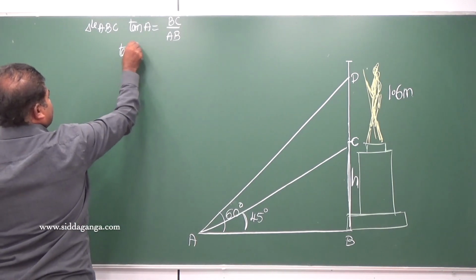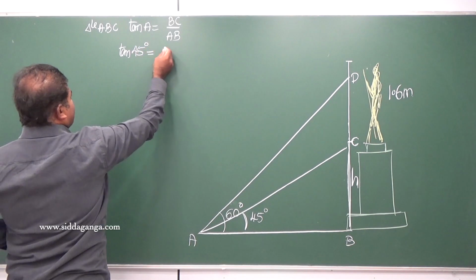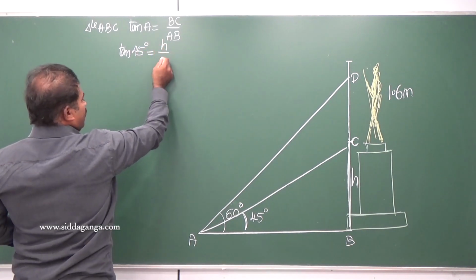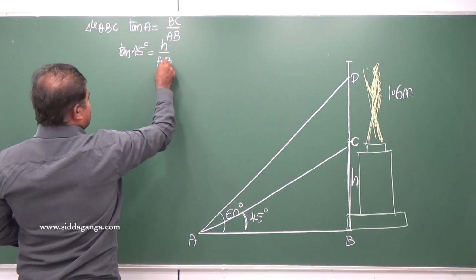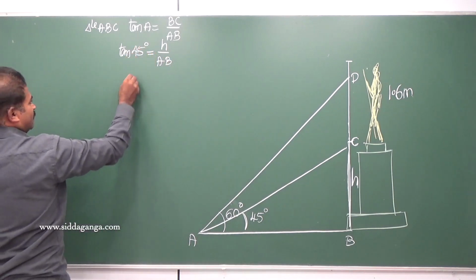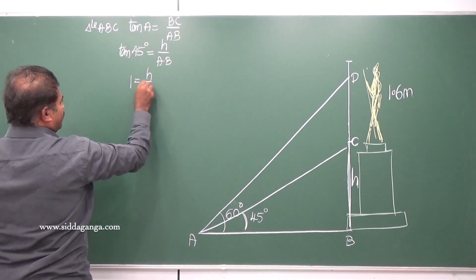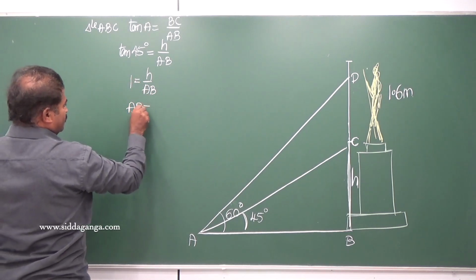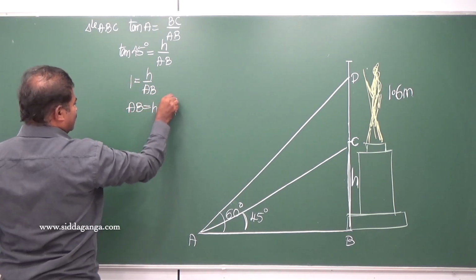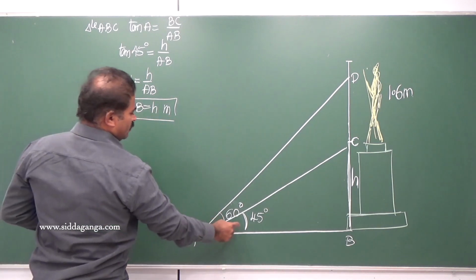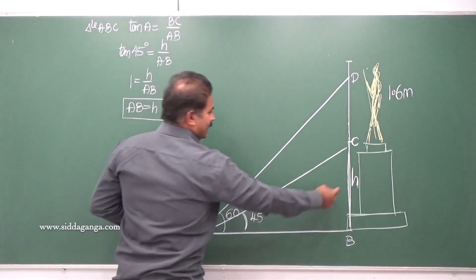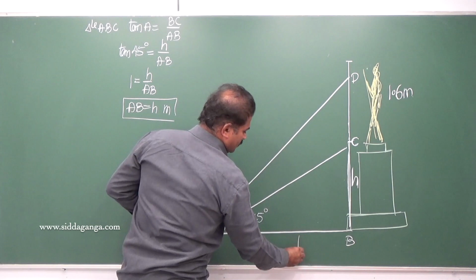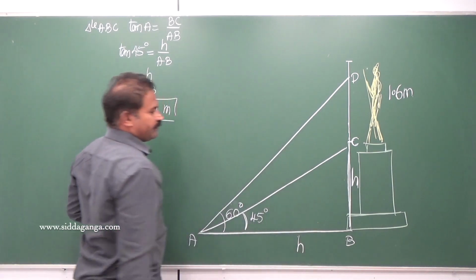So tan 45 degree is equal to BC, which you have taken as h, and AB you need to find out. So tan 45 is nothing but 1. 1 is equal to h by AB. So that means that AB is equal to h. As I said earlier, the moment you look at 45 degree, you can directly take this as here. So this value is h now.